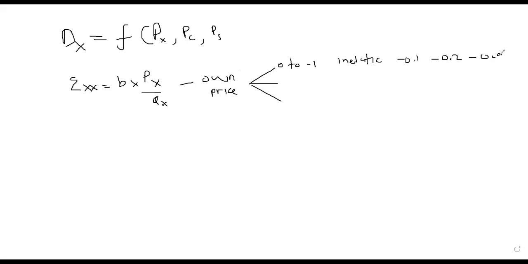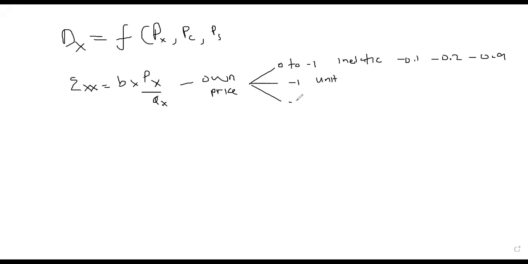All these are inelastic. But if you have exactly -1, it is unit elastic. Unit elastic. It means you increase price by 1%, you reduce demand by 1%. Increase by 5%, reduce demand by 5%.